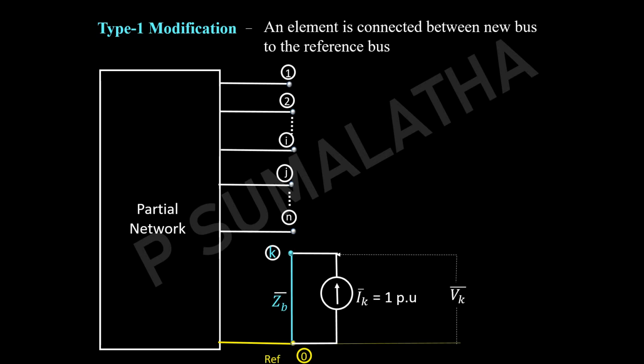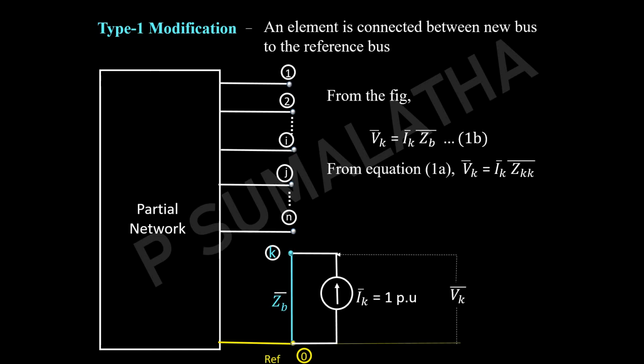So now you can see Vk is equal to Ik into ZB. Let us consider this as equation number 1b, and we have already considered Vk equal to Ik into Zkk as equation 1a.